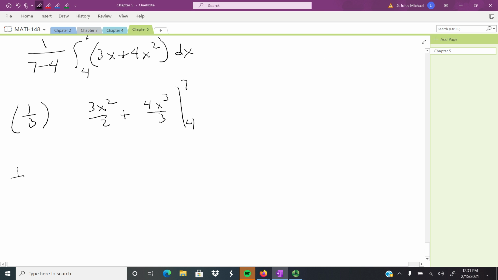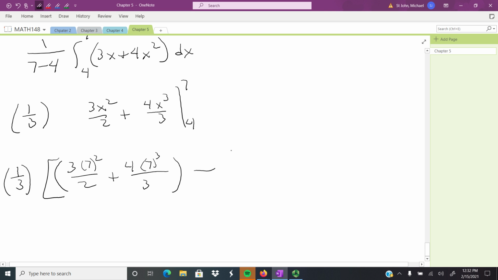So this will give us 1/3 times, in parentheses, 3 times 7 squared over 2 plus 4 times 7 cubed over 3, minus, this would be 3 times 4 squared over 2 plus 4 times 4 cubed over 3.